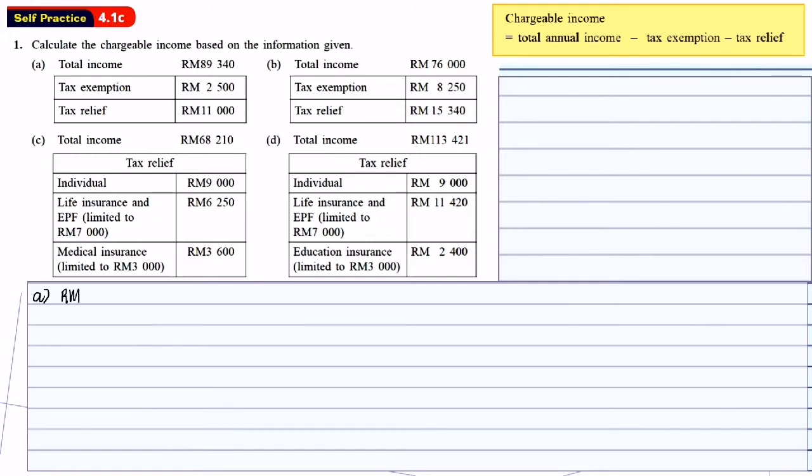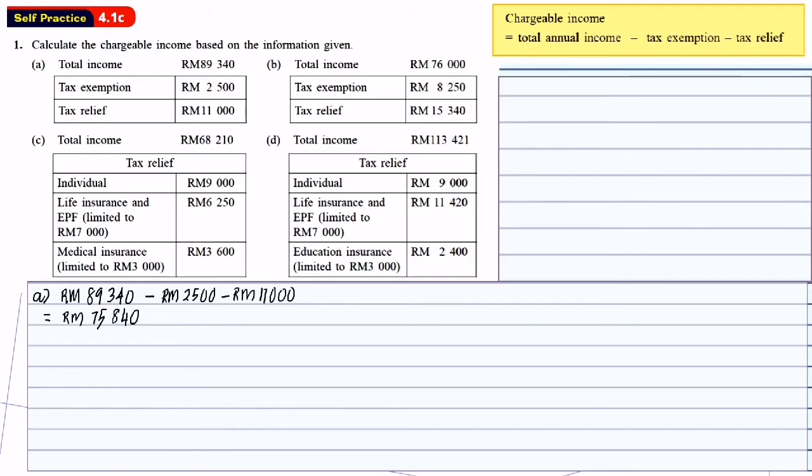The total income 89,340 minus tax exemption 2,500 and minus also tax relief 11,000 equals 75,840. Okay, looks quite simple, right?